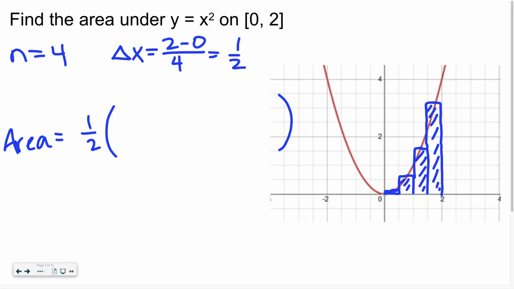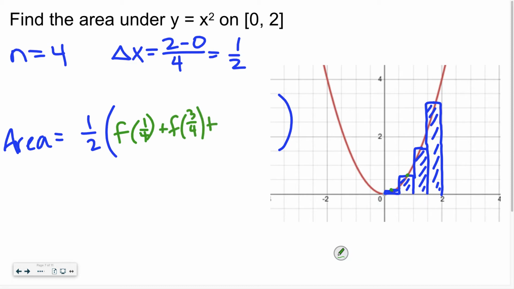Okay? So what is in between? So this first rectangle goes from 0 to 1/2. What's the middle of that? Okay, so we want the y value at 1/4 for the height. What's the middle of 1/2 to 1? Okay, so we want the y value at 3/4.